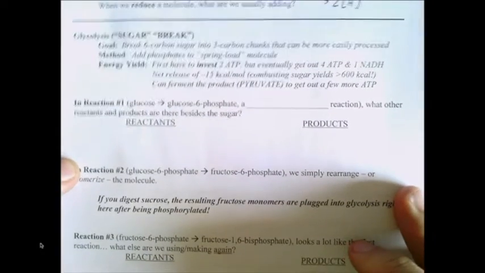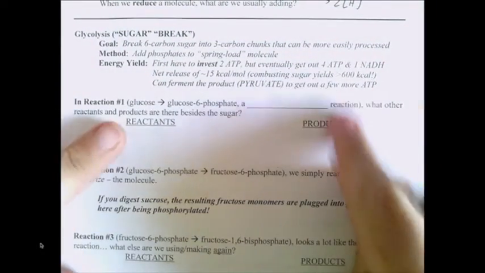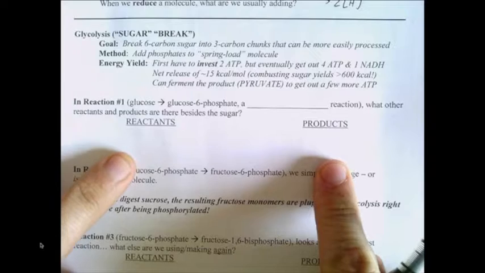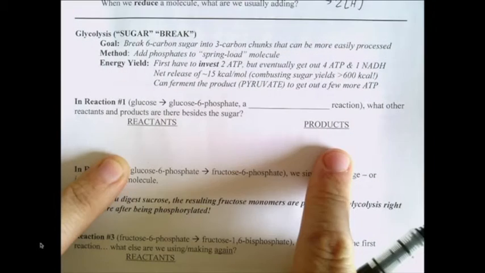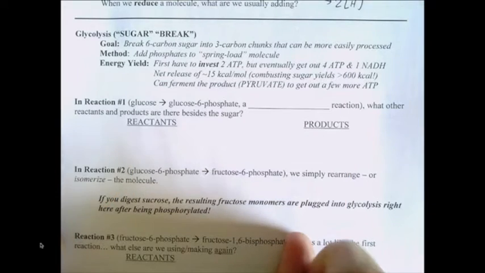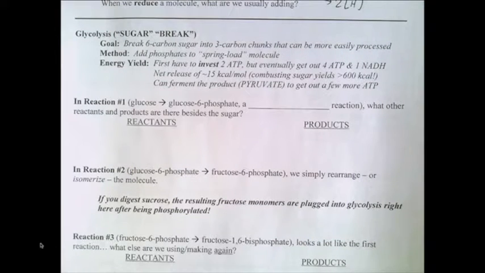Now, the rest of this packet is going to guide us through a few steps, and you're going to see a lot of spots that look like this, where I've given you space for reactants and products. And I want to really emphasize, when we do this, I'm not looking for you to draw the structures of the sugars, because the sugars are bit by bit going to get taken apart and turned into carbon dioxide once we're done.